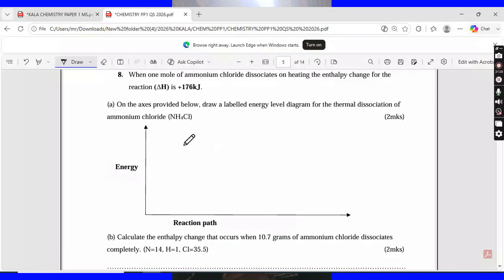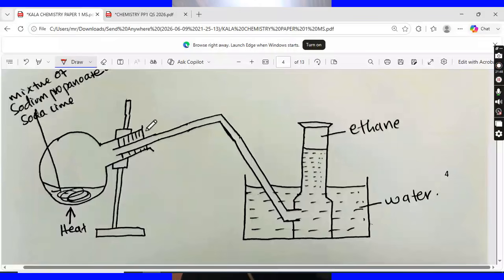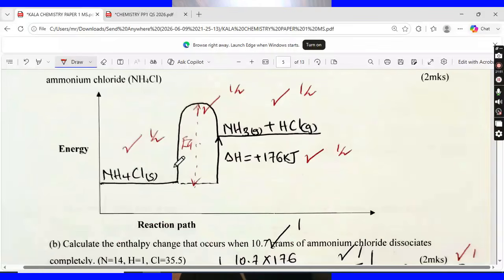The keyword you need to remember is that this is endothermic. If it is an endothermic reaction, the energy of the products is higher than the energy of the reactants. That is the keyword that you need to know.